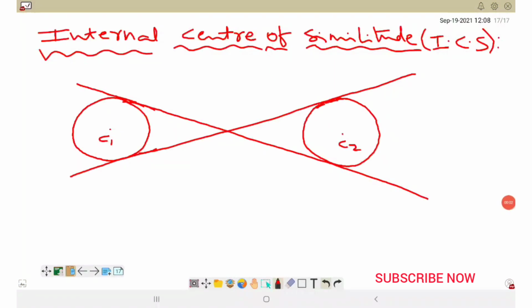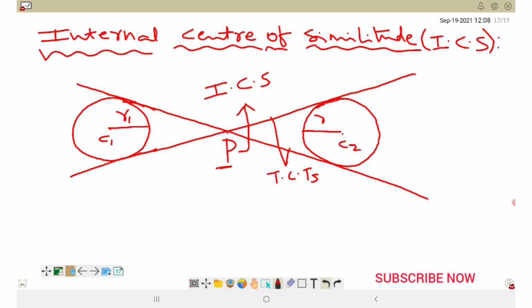Internal center of similitude. The point of intersection of transverse common tangents, P, is called the internal center of similitude, ICS. Here P divides C1 C2 in the ratio R1 is to R2 internally.